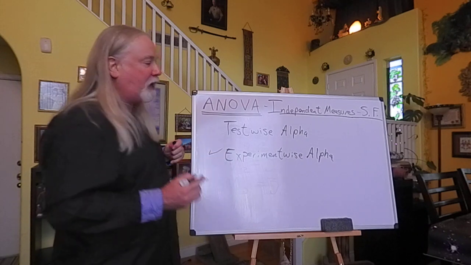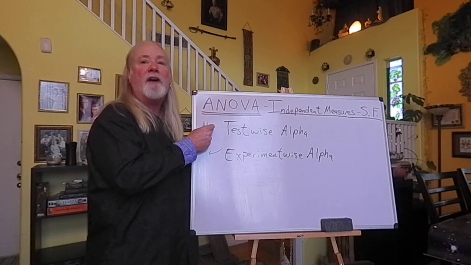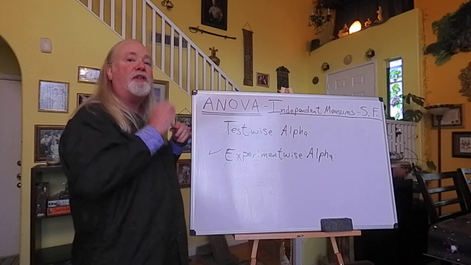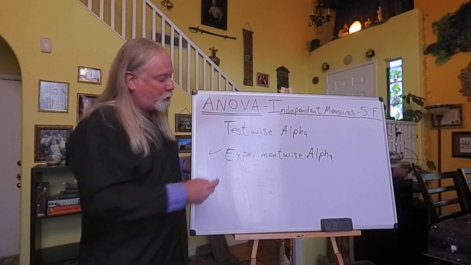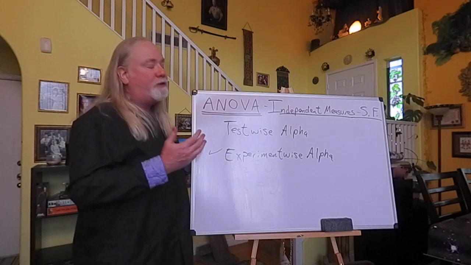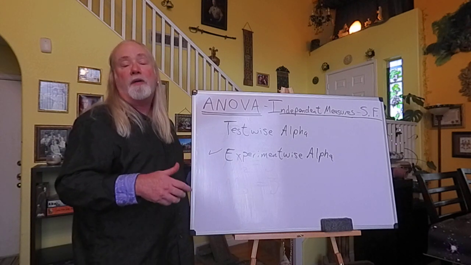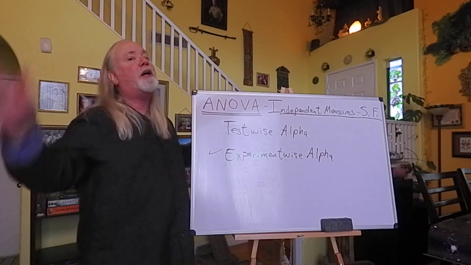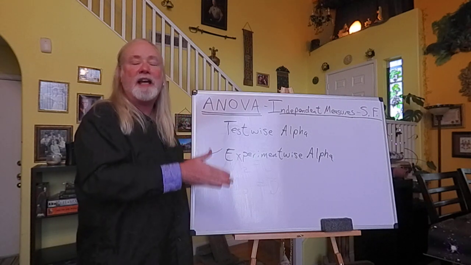That is the experiment-wise alpha level. So test-wise alpha level tells you your alpha level for any one comparison. So what I just erased, remember, had 3 comparisons. But when we want to set our alpha level, we want to do it for the entire experiment, the entire study at once. So when we pick an experiment-wise alpha level in step 2 of, say, 0.05, that means the entire experiment, all the comparisons combined, only have a 5% chance of making a type 1 error.